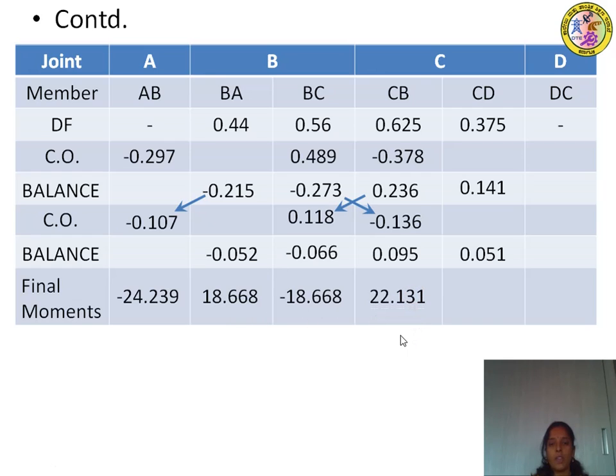And MCB is 22.13, and MCD is minus 22.124, and MDC is 0, because it's a simple support and it should be 0. We have already made it 0 in the first step of balancing. So these are the final moments. Using these moments, we will calculate the support reactions, plot SFD and BMD.